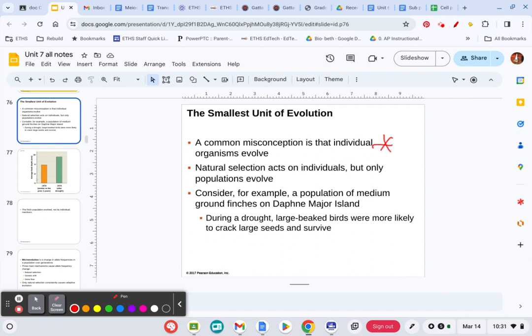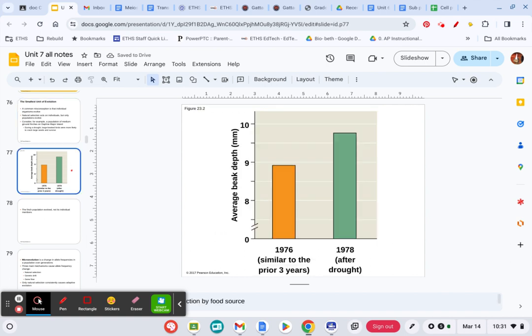You don't need to remember that. But basically it was the Grants, that was their names. It was a husband and wife team. And the Grants studied what happened to specifically just a bird's beak after years of drought. And they followed these cycles through, I don't know, like 10 or 15 seasons.